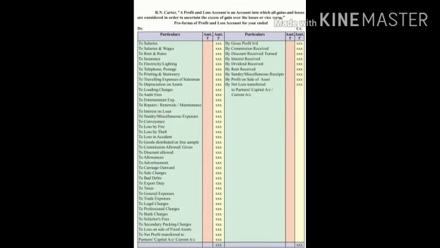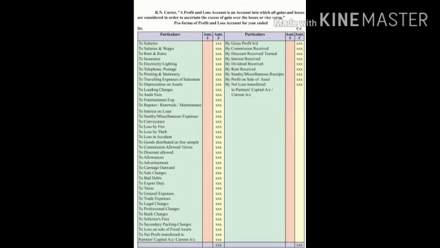Professor R. N. Carter says a profit and loss account is an account in which all the gains and losses are considered in order to ascertain the excess of gain over losses or vice versa. That means all the expenses we incur during the financial year we record on the debit side of the profit and loss account: all administrative expenses, financial expenses and selling expenses.